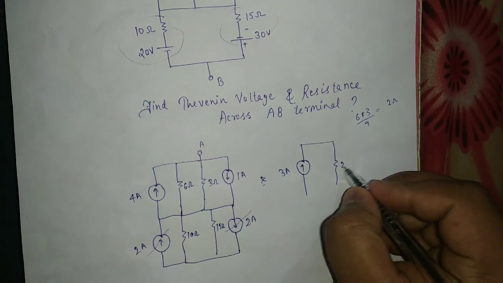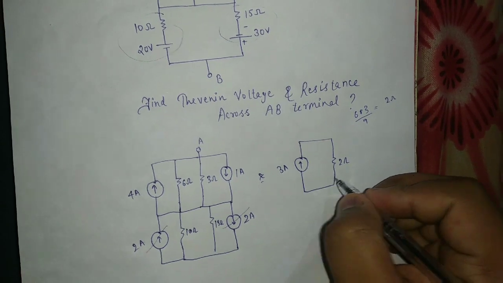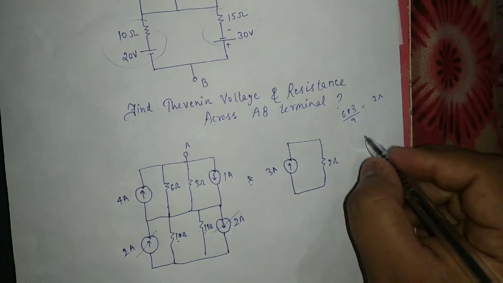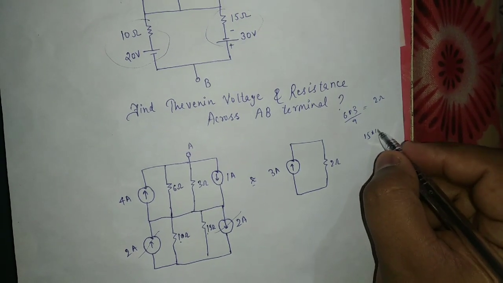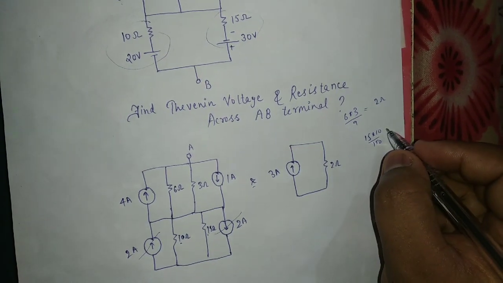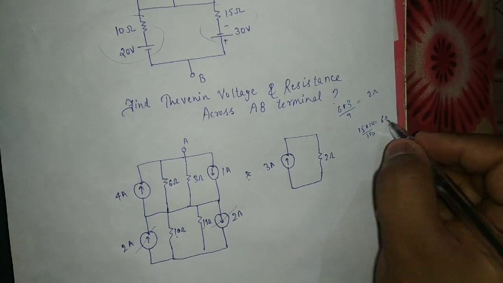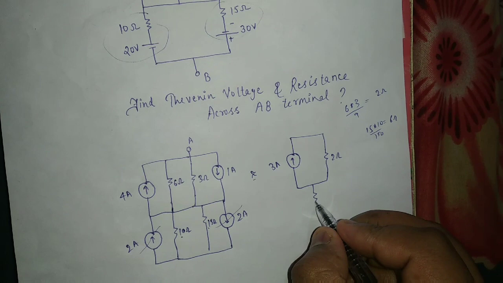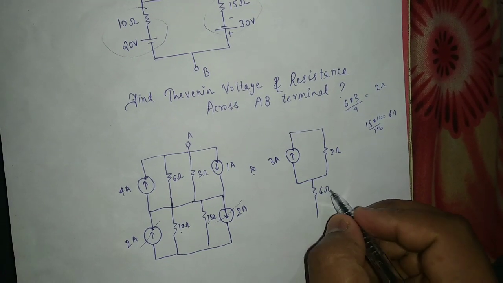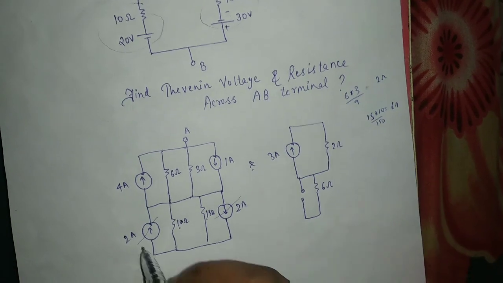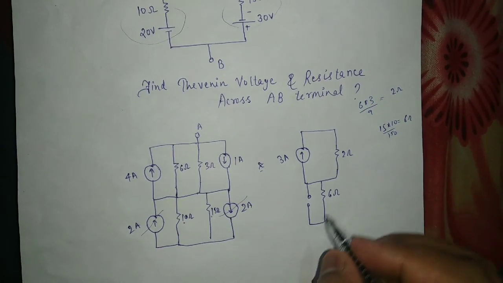So it's 2 ohm, and 15 parallel with 10, so it will be 6 ohm, so it is 6 ohm, and open because 2 cancel, so 0 ampere.